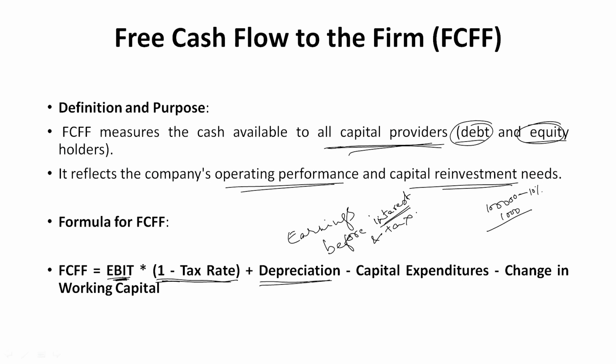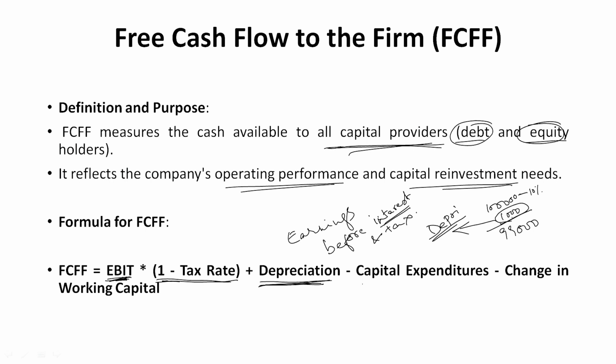I am showing this 1,000 as an expense, and the expense name is depreciation. In real terms, this money is not going out of the company, but since I have shown it as an expense, my actual cash flow is more than what EBIT is reflecting. That is why I am adding back depreciation.